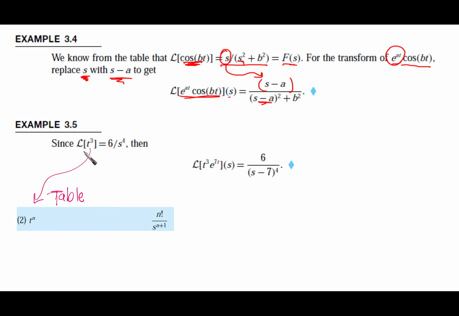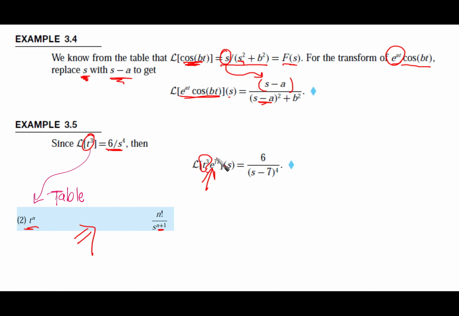The Laplace transform of t raised to the power 3 equals what? The factorial of n over s raised to n plus 1, right? This is from the table. So for t to the power 3, the Laplace transform is 6 over s to the power 4. Then our function is simply t cubed, which is our main function, times e to 7t, right?